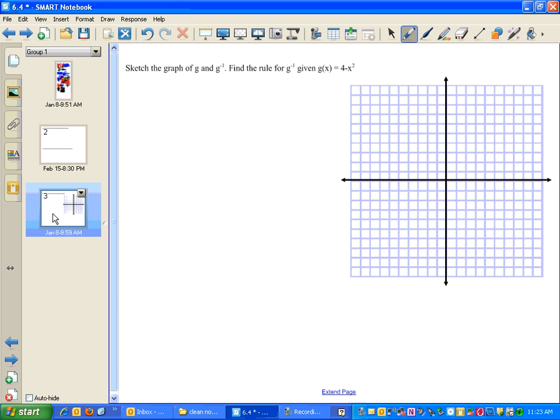Does it pass the vertical line test? Yes. Does it pass the horizontal? Change your domain. Instead of reals, do you want this part or this part? Doesn't matter which one, but I like just always making it greater than or equal to 0.